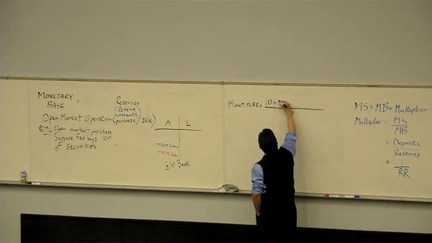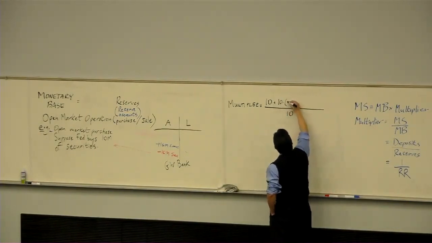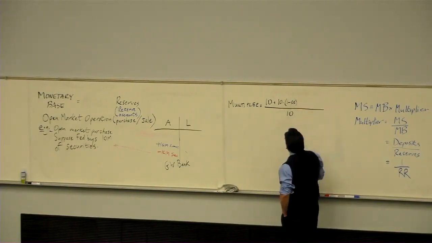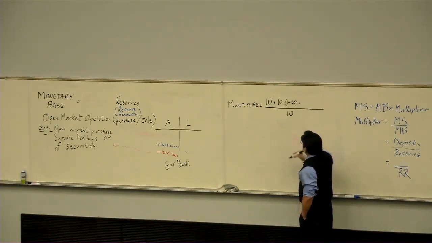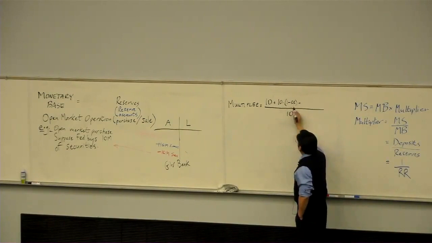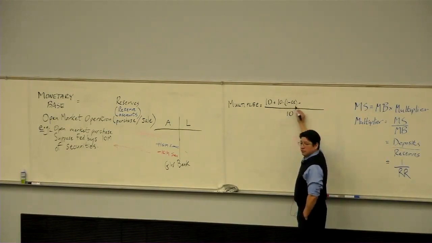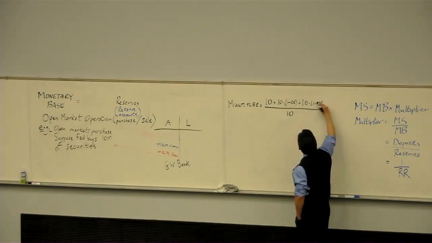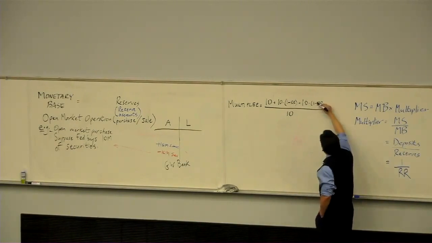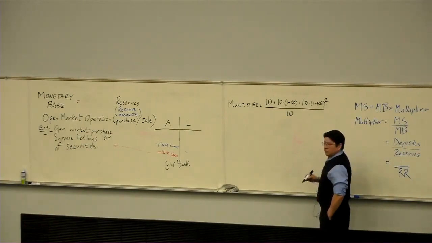So how much did we get? We got 10 times 1 minus the reserve ratio. What about the next one? Well, the bank that receives these deposits is going to lend out that number times 1 minus the reserve ratio. So that number is 10 times 1 minus the reserve ratio, and that we want to multiply times 1 minus the reserve ratio, which means it's 1 minus the reserve ratio squared.